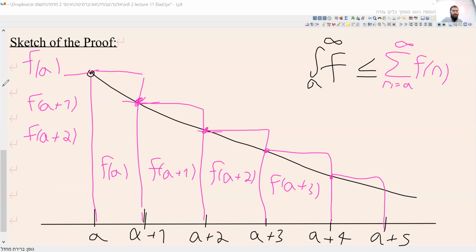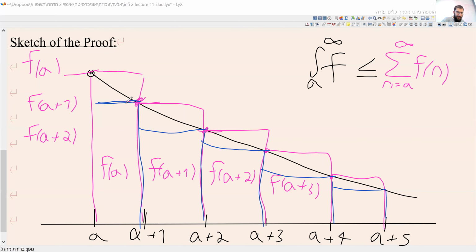And on the other hand, let's take the blue color. If we use the rectangles with the heights as the most right point of the segment, we get a rectangle with area f(a+1), and a rectangle with area f(a+2), and a rectangle with area f(a+3), and so on and so on.